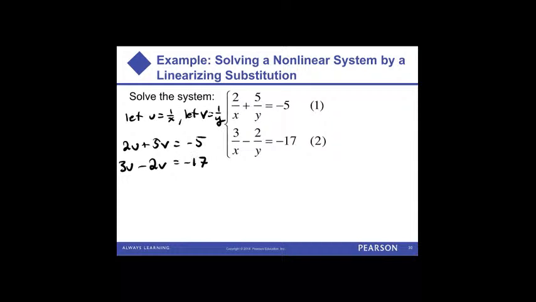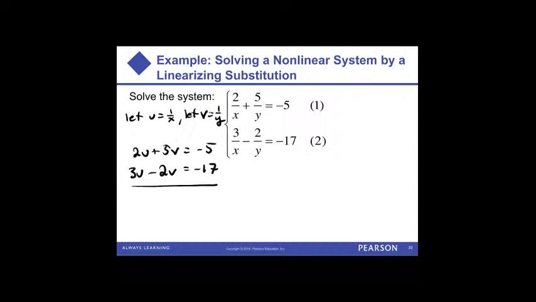Let's see. So we can use the elimination method again. We want one of the variables to be the same, but have opposite signs. So I'm going to cancel out my v. I'm going to multiply the top by 2 and the bottom by 5, and distribute that 5.